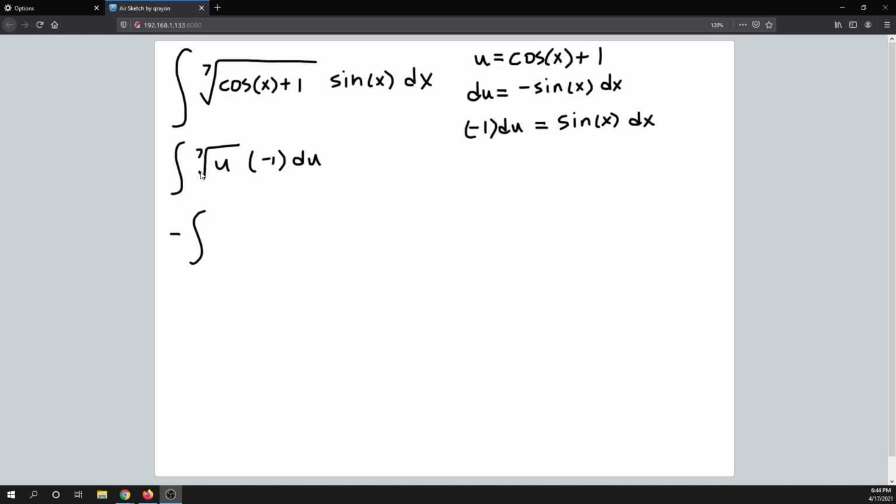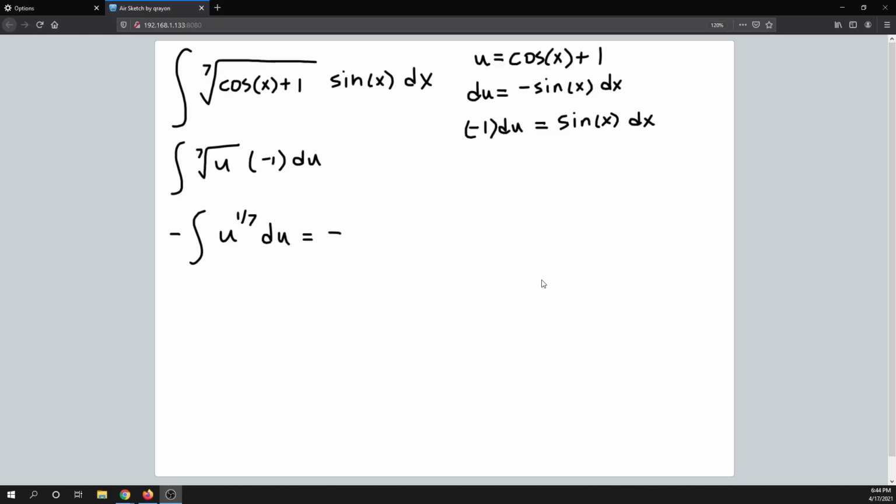Now the function part is going to be the 7th root of u, so you can write that as a power function. It's going to be u to the 1/7 power. And it's better to write it that way because this is a power function, and so we are going to use the power rule to take the antiderivative of that.